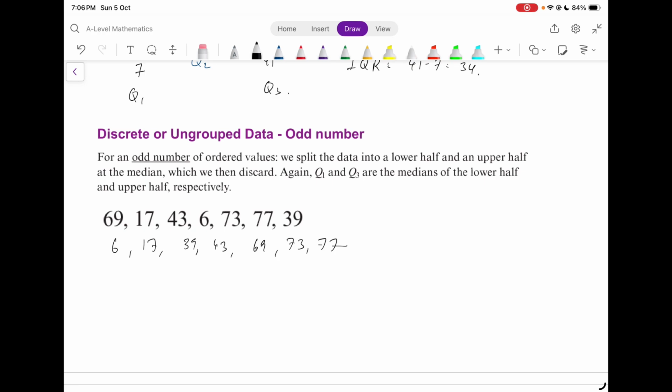Using the cross method, the middle value is our answer for Q2, which is 43. This is our median. Then we split into left and right again, and you can also use the cross method, where this middle one is Q1 and this middle one is Q3.